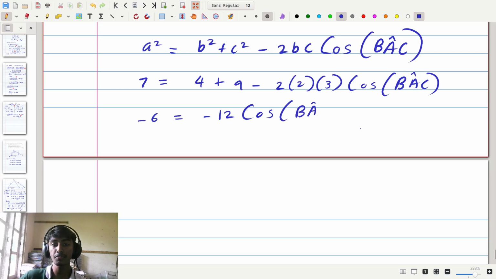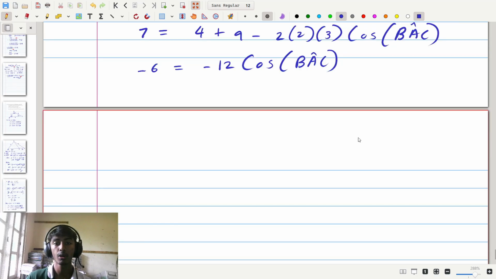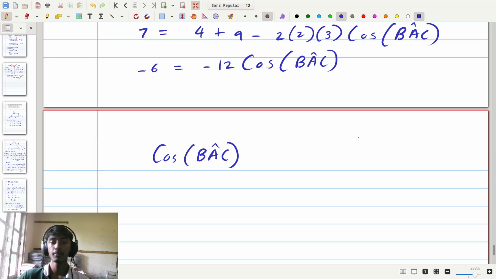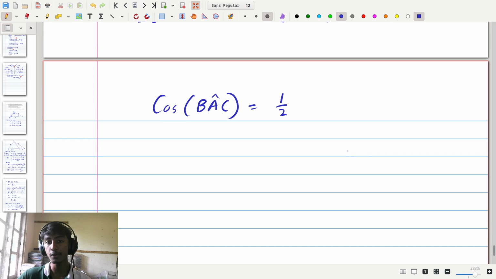Now from that, if we rearrange, we get cosine of BAC being equal to minus 6 divided by minus 12, or 1 over 2. So the cosine of BAC is equal to 1 over 2, which is also equal to the cosine of pi by 3.